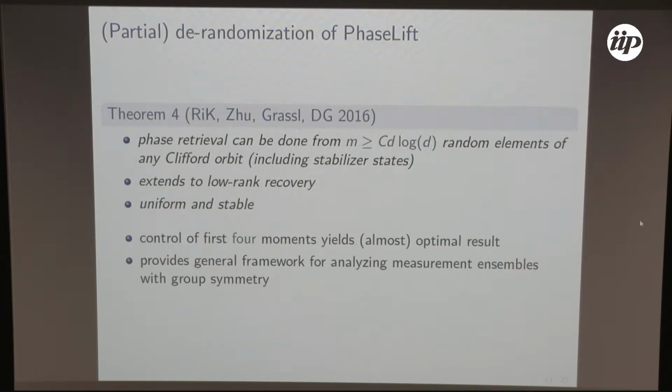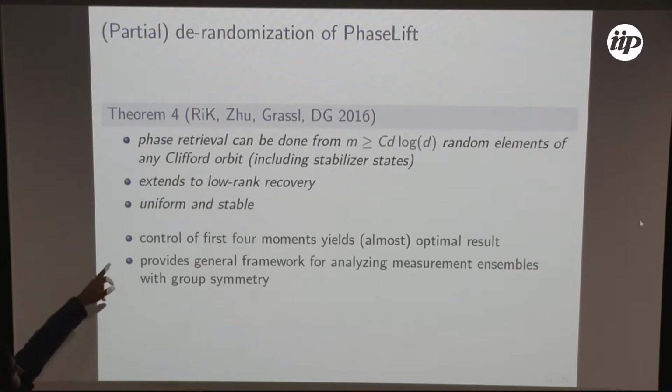For Gaussian vectors, this was nailed down, and you really only need c times d many. But if you are willing to invest another log in the dimension, you can go back from very generic Gaussian vectors to stabilizer states, which have a lot of structure. This also extends to low-rank matrix recovery. That was what David talked about: in phase retrieval, you're guaranteed that the matrix you're looking for is rank 1, but you can relax that.